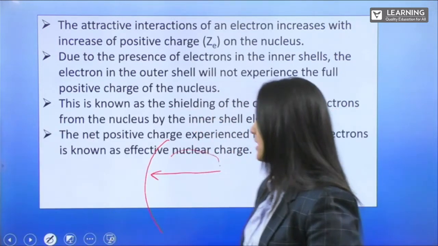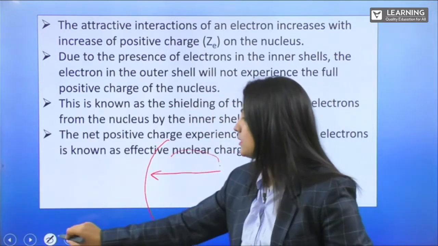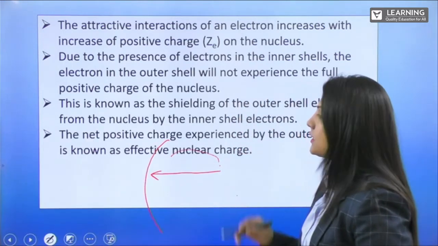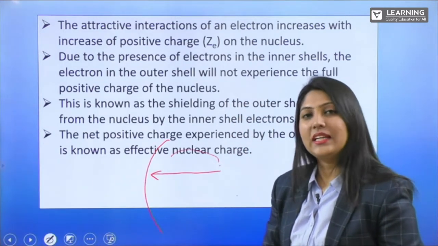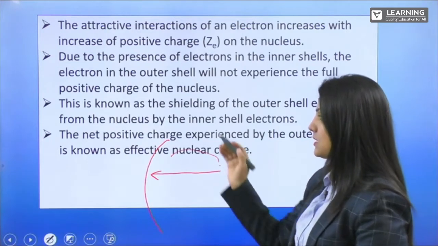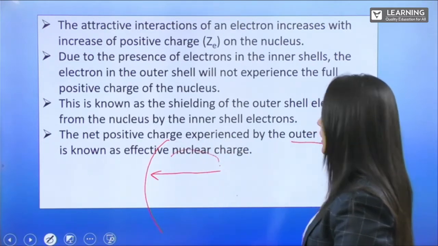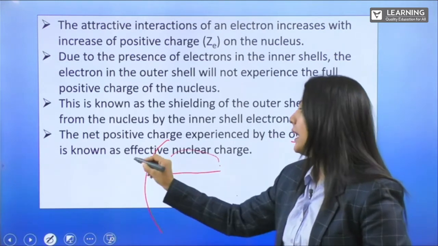What it is called, as I said, is the shielding effect.